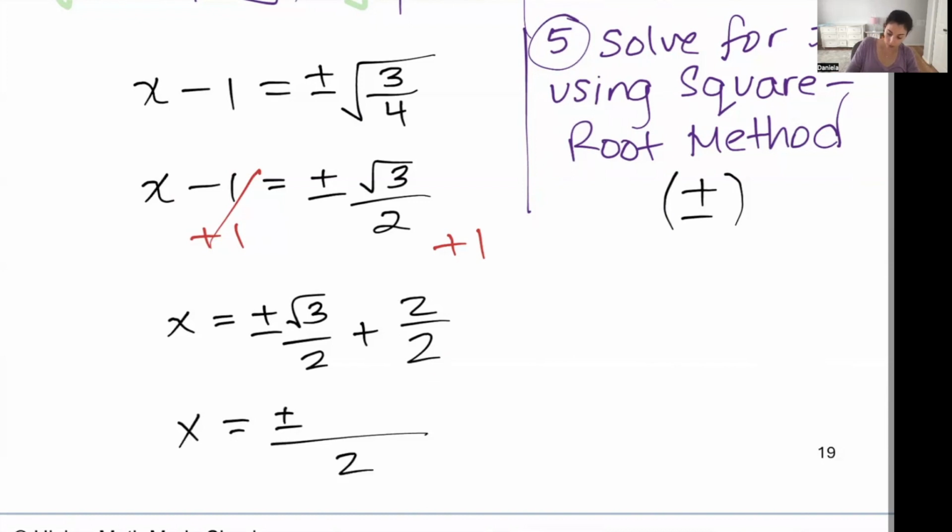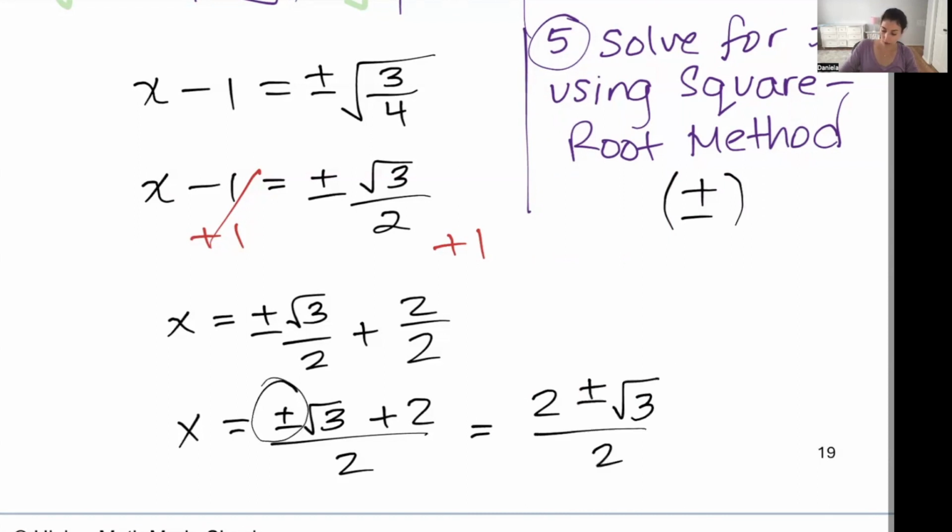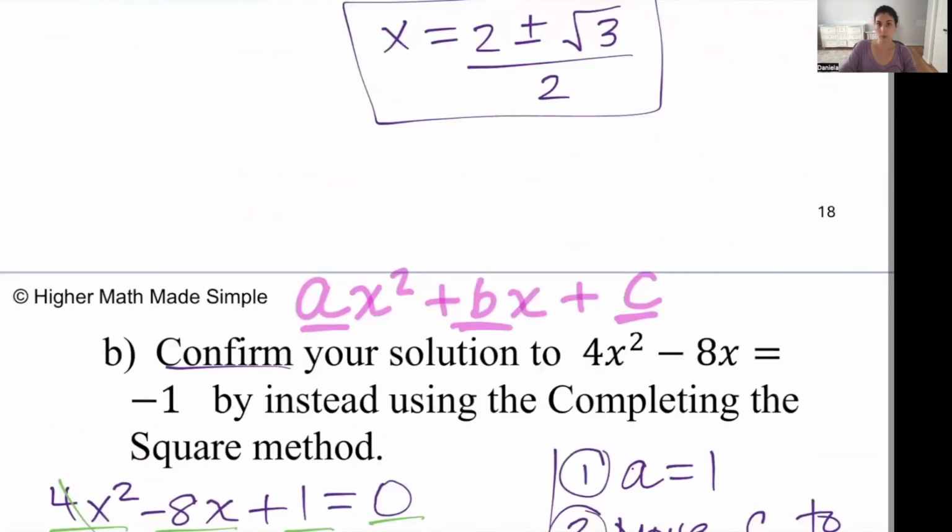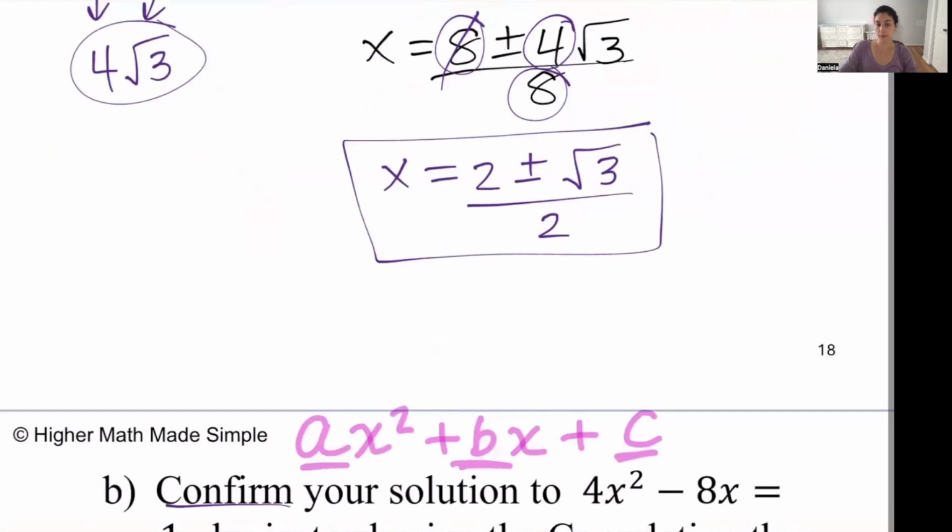So that's going to be plus or minus radical 3 and then plus 2. Now, because of the commutative property, I can put that 2 in front and switch those, the positive 2, because it says plus 2. And notice the plus or minus is in front of the radicals. So I'm going to write plus or minus radical 3 all over 2. Does that look familiar? Yes, it does, because that is what we got when we did the quadratic formula.